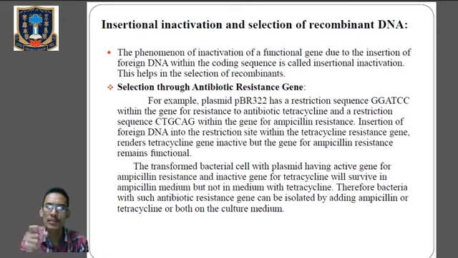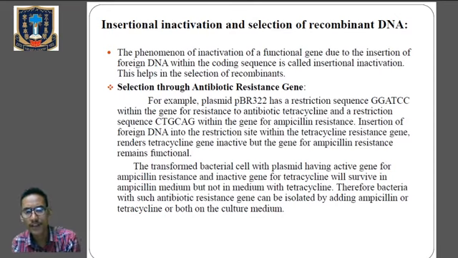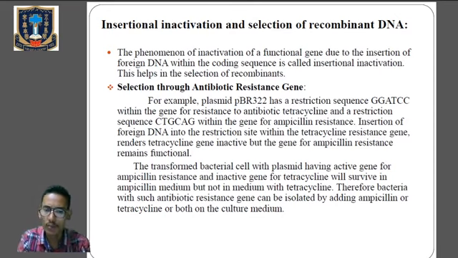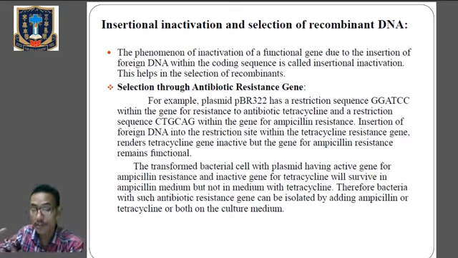Suppose we put a foreign DNA into the functional gene, and if that gene becomes inactivated, that is called insertional inactivation, and this will help in the selection of recombinants. We can usually distinguish between the recombinant DNA and the non-recombinant DNA.